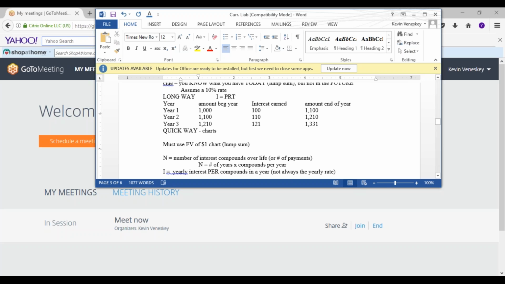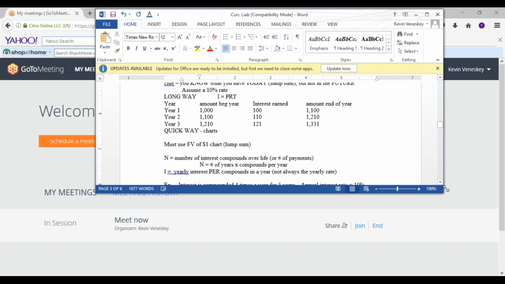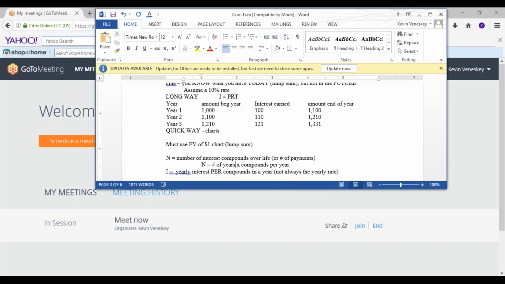I is almost the same, as you'll see. Interest is, well, what's our yearly interest per compound in a year? So in this example, I only had 1 compound a year, so my interest rate was very easy. It was just 10%.